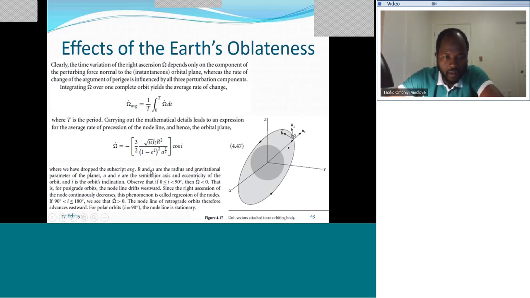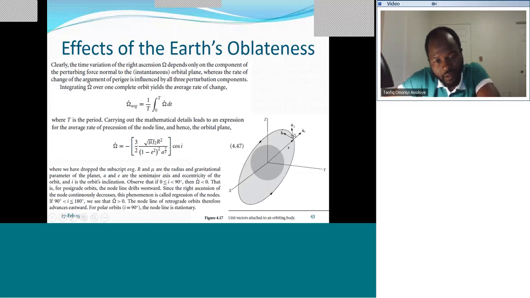We can observe that if I is the inclination of the orbit, and the inclination is greater or equal to 0 and less than 90 degrees, that is, if I is equal to 0, we have cos 0, which is 1. We see that the time rate of change of the right ascension is going to be negative. If it were 90 degrees, of course, this is just going to make the whole thing go to 0.